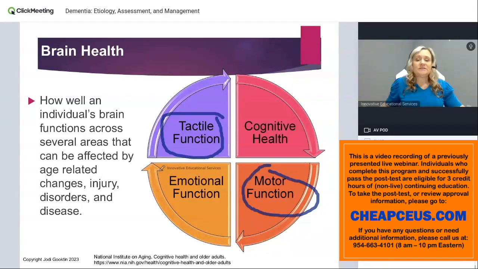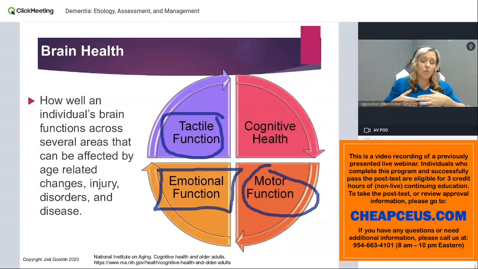Another piece of this is emotional function that we're going to discuss also today. We're going to see how that's a critical point related to some of the different conditions. And this is that ability to interpret and respond appropriately to both pleasant as well as unpleasant stimuli and situations that the individual is in.